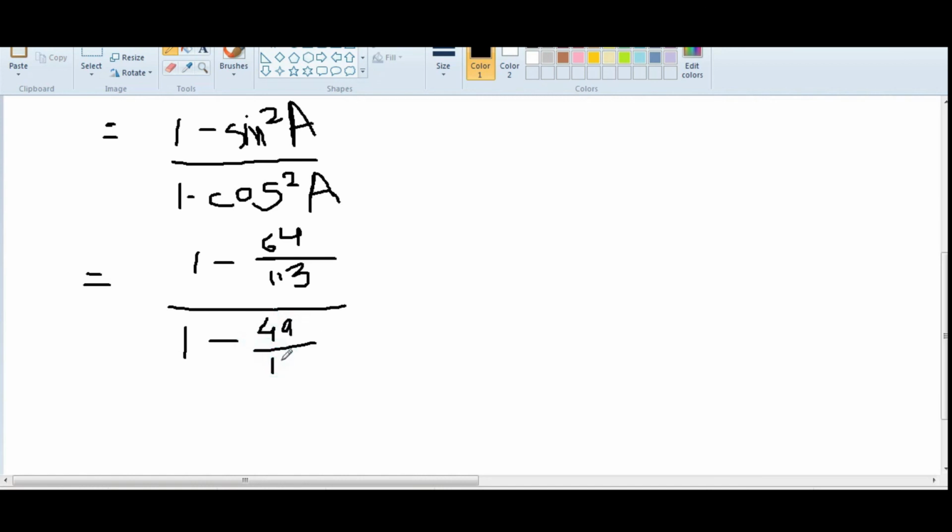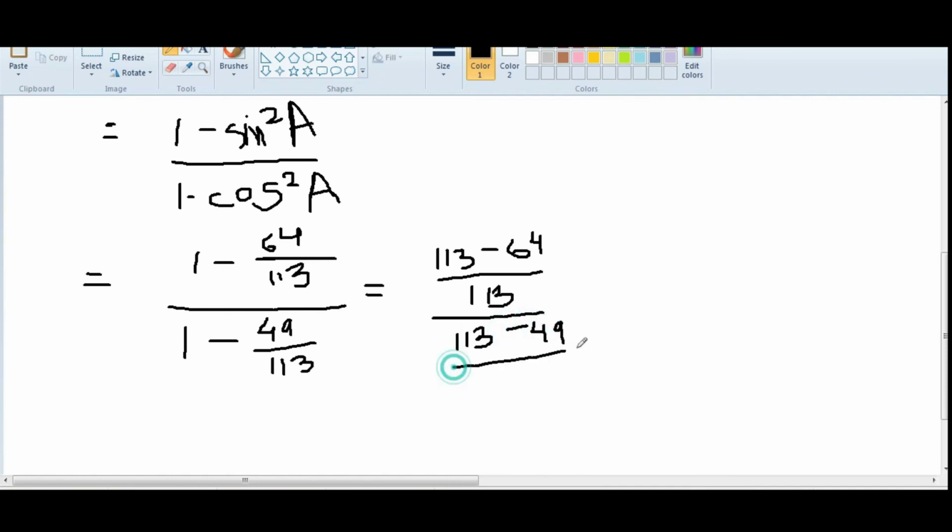So 49 by 113. I'm writing over here because I'm not having enough space below. So just subtracting the numerator part as well as the denominator part. So that's the numerator part entire, and that's the denominator part.